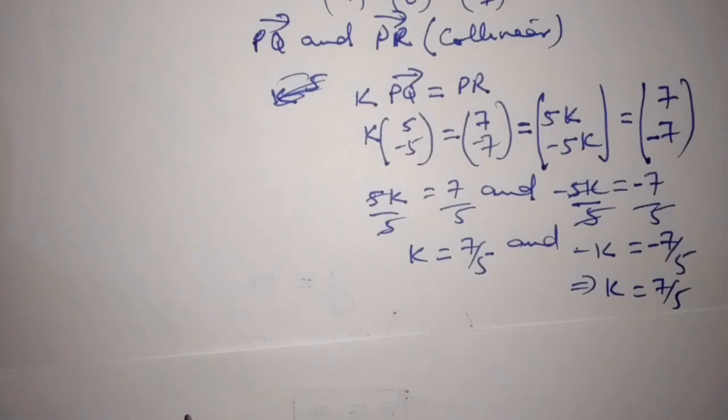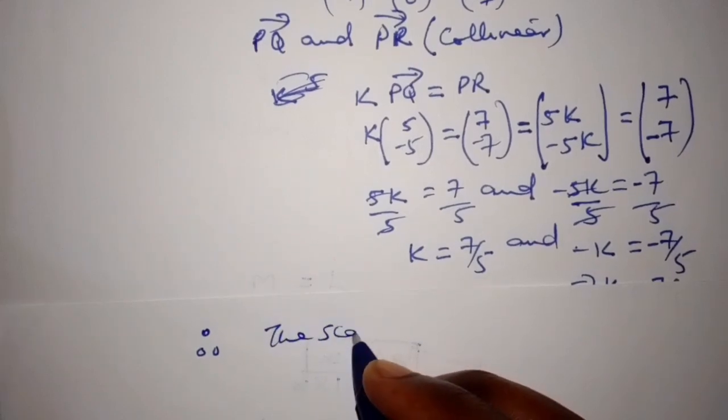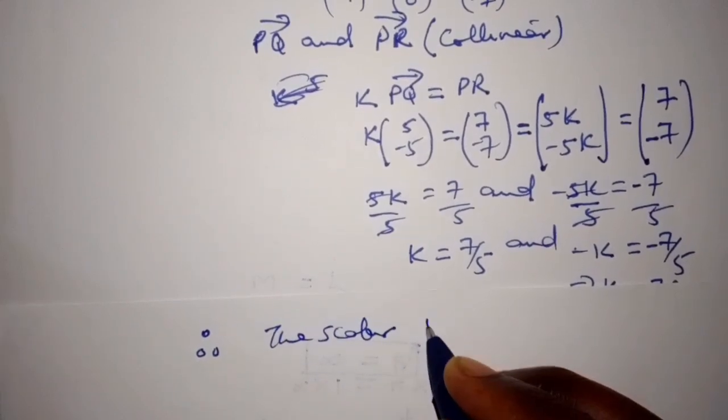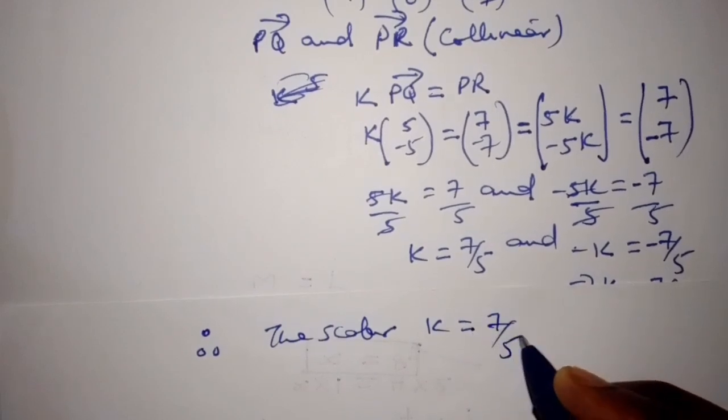Therefore, the scalar K is equal to 7 over 5.